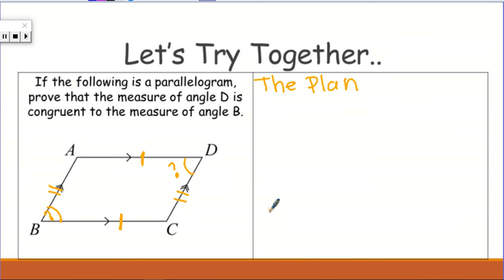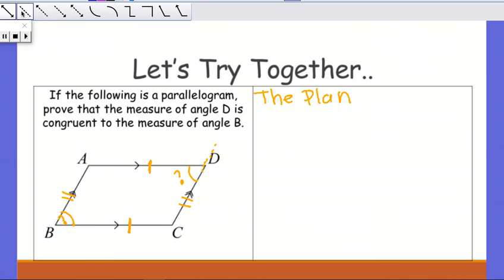Now there are several ways you can approach this. You can draw an auxiliary line in here, which I already gave you the proof of. So I'm going to show you another way to do this. I am going to extend this line right here. Let me get the extender. I'm going to extend this line, this one here.